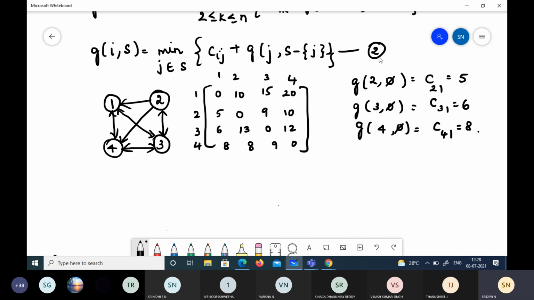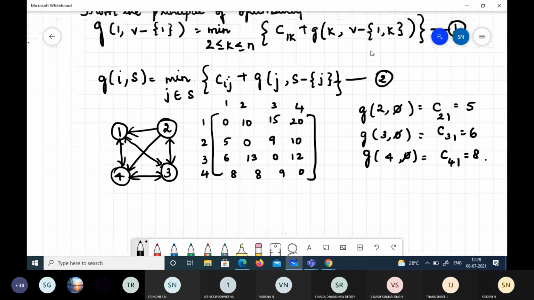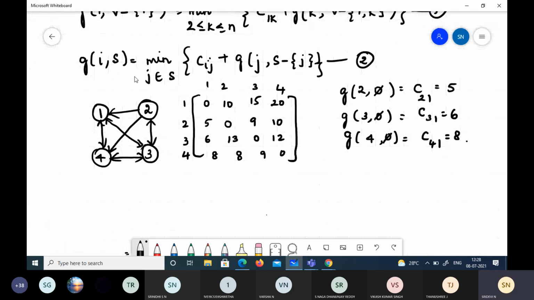So after that, using this formula 2, we'll move on to the next step. The next step says G of 2 comma S. We should not include 1, isn't it?